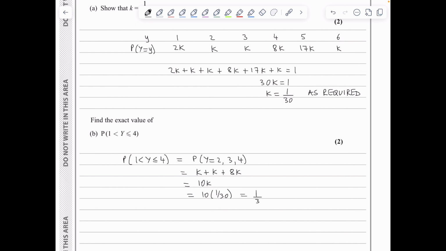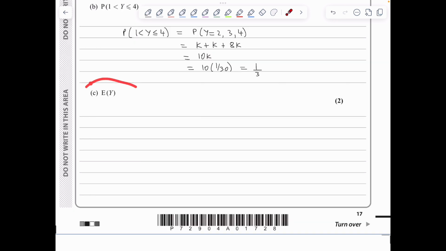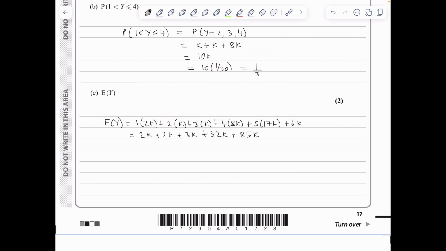In C, we need to find the expectation of y, and we know that for the expectation, we multiply each outcome by the associated probability. So it's going to be 1 times 2k plus 2 times k plus 3 times k plus 4 times 8k plus 5 times 17k plus 6 times k, which leads to 2k plus 2k plus 3k plus 32k plus 85k plus 6k.